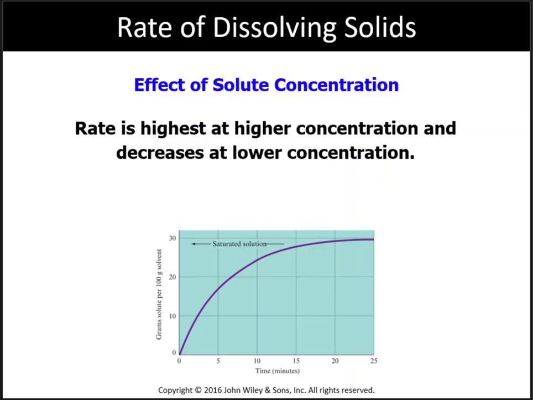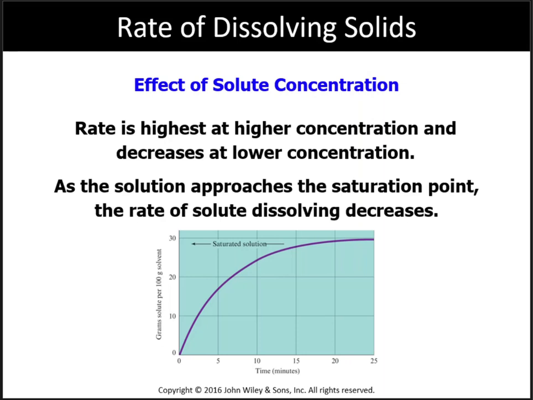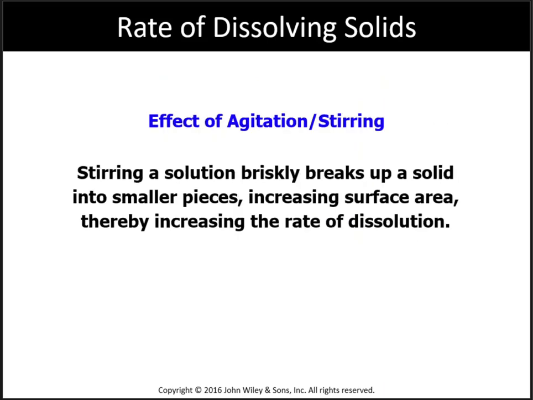Another factor that affects the rate of dissolving solids is the effect of solute concentration. At higher concentration, the rate is higher, and at lower concentrations, the rate of dissolving becomes lower too. Another factor is the effect of agitation or stirring.